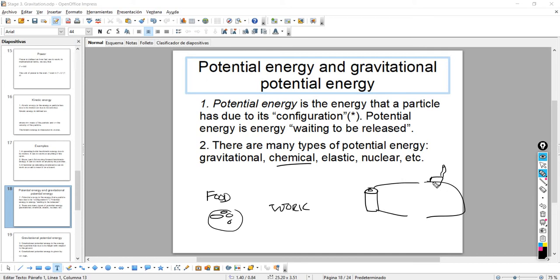In this case, I'm telling you of a little train on a track, and so the energy that is accumulated here, which is potential and is chemical in nature, is gonna put the train in motion. It's gonna apply a force on the train so that it works. So that's chemical potential energy.